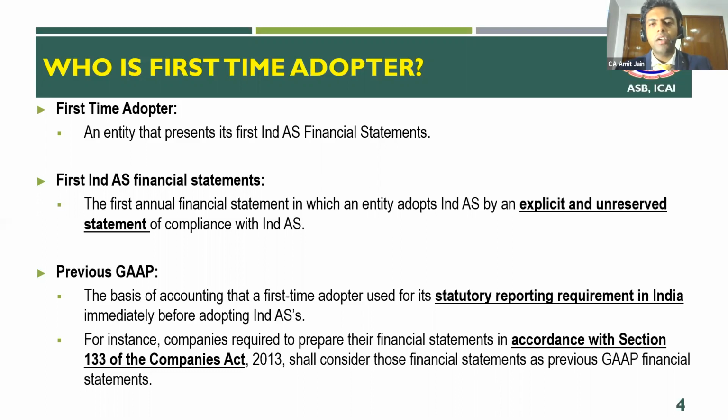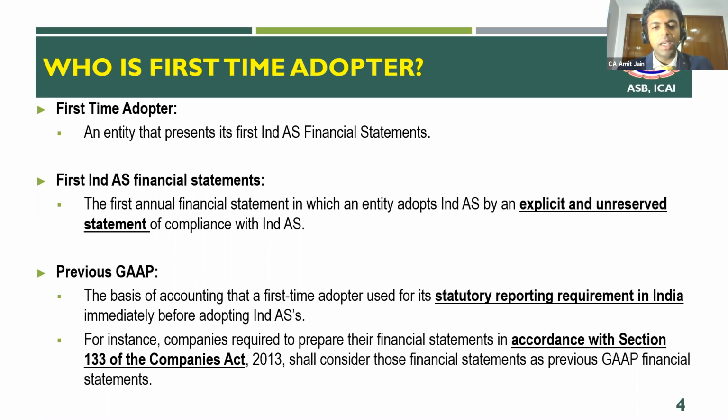Previous GAAP, it is a very important definition. What is previous GAAP? That means when Indian companies are adopting IND-AS for the first time in India, what is the previous GAAP from which they have to transition to a new GAAP, which is IND-AS? So standard IND-AS 101 provides us the guidance. What do you mean by previous GAAP?